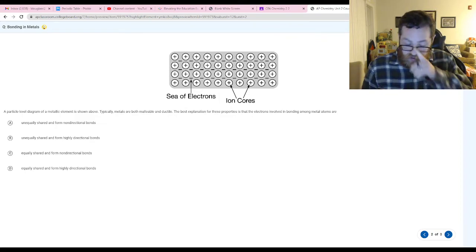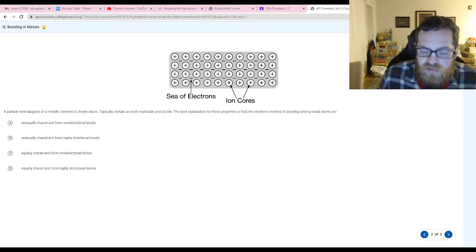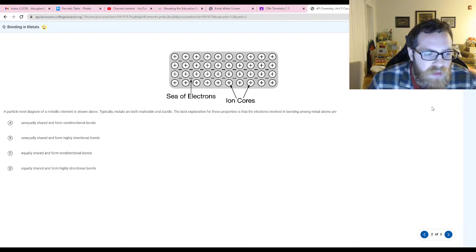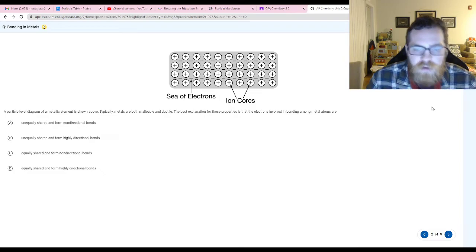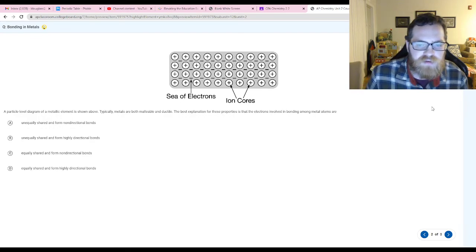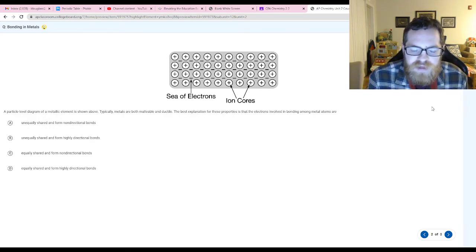So, I want to talk about the even and uneven sharing of the electrons a bit. The electrons are going to be equally shared. The reason we know this is, again, there's no particular part of the metal that is going to be extremely frail and fragile.